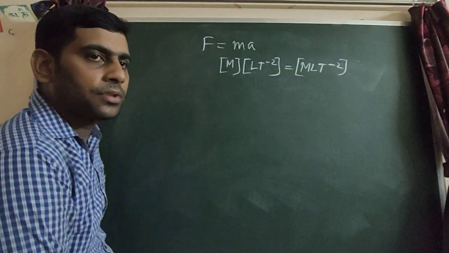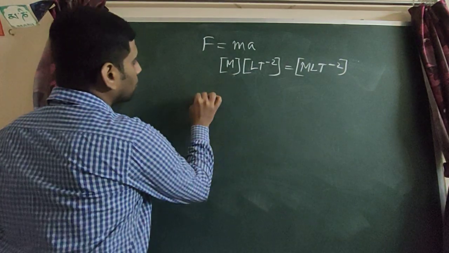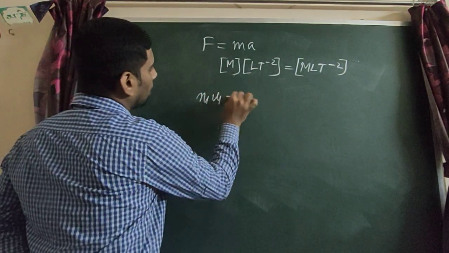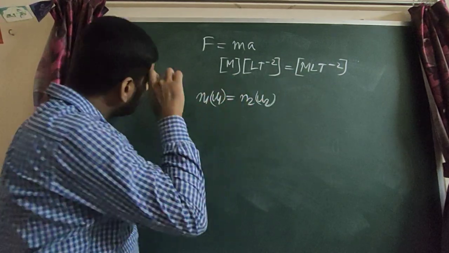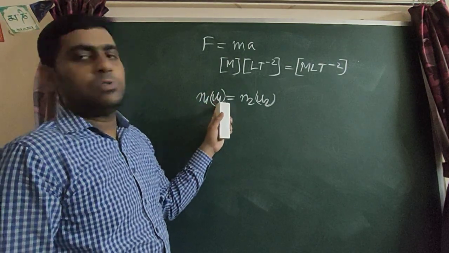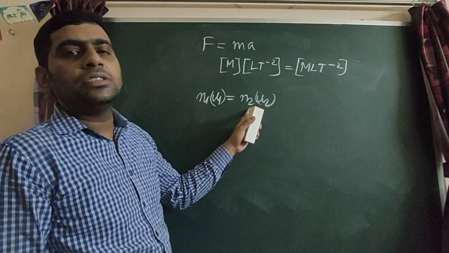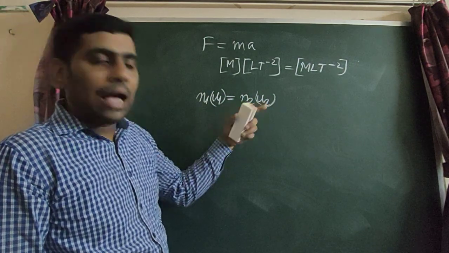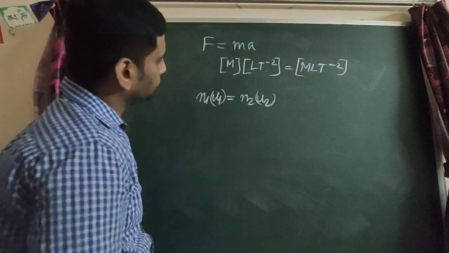Now suppose in one system of unit, if you remember in last class I told you that N1 U1 equals N2 U2. Here N1 is the numerical value in one system of unit and U1 is the unit of that system, and similarly N2 is the magnitude or value in another system of unit and U2 is the unit of that system.